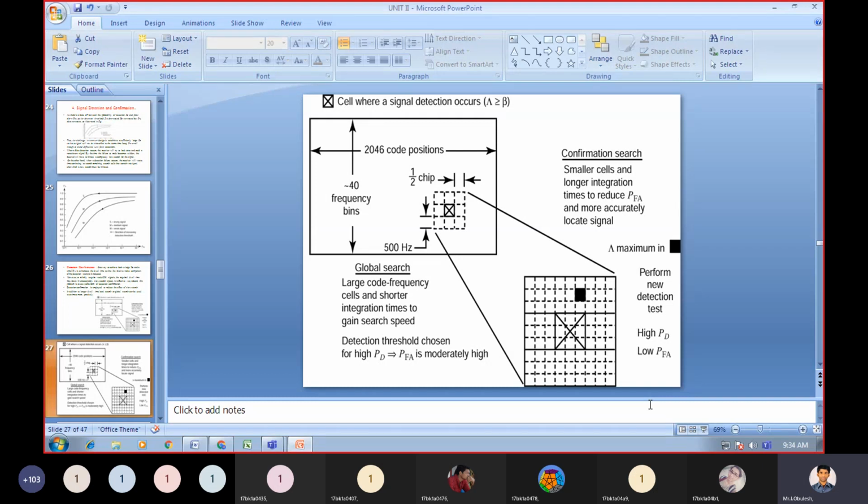It means that if both values increase, the detection threshold is going to decrease. So this is for signal detection, how to detect the signal.